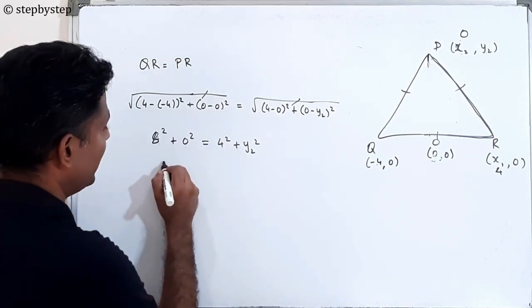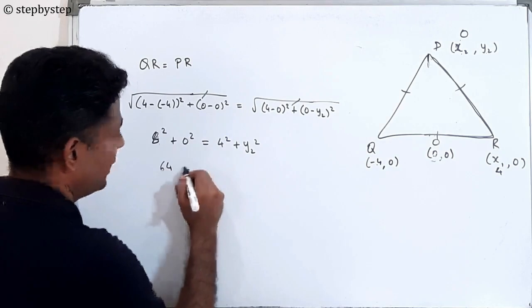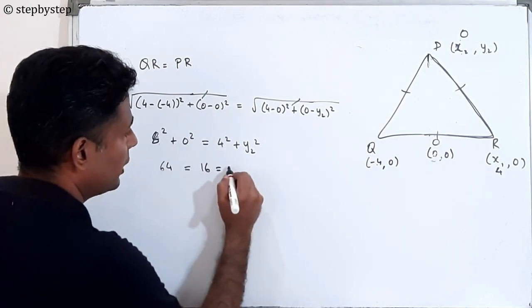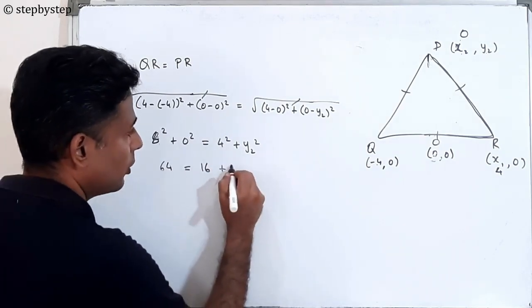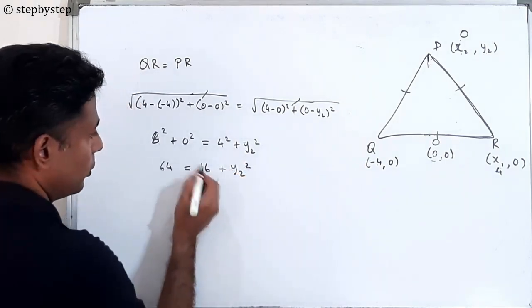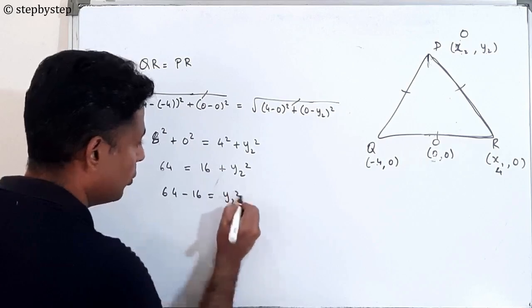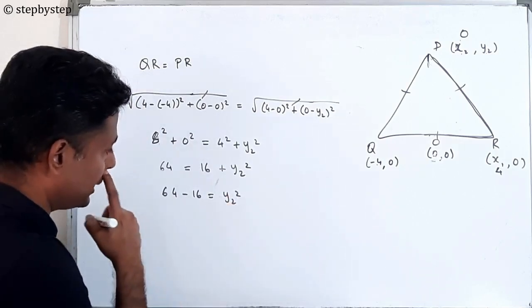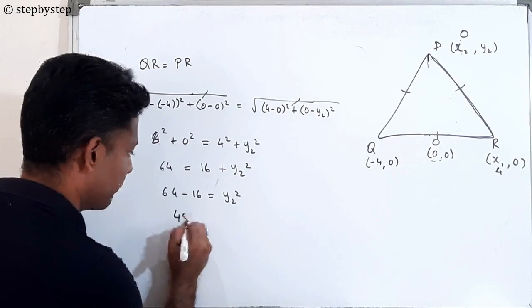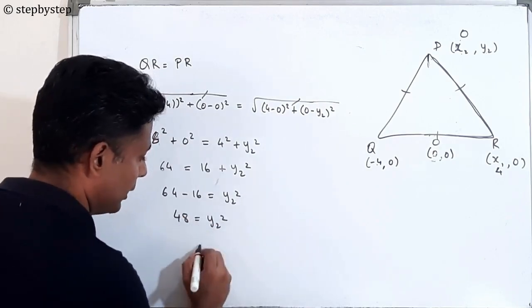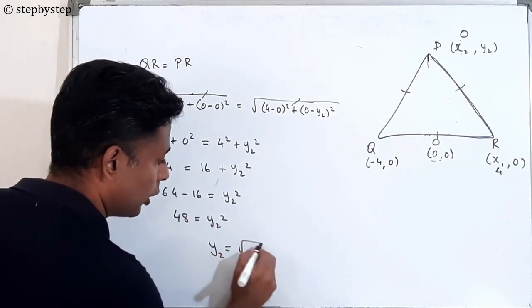So 8 square is 64, plus 0 is 0, equals 16 plus y2 square. Taking 16 to this side, I get 64 minus 16, that is 48, equal to y2 square. So y2 equals root of 48.